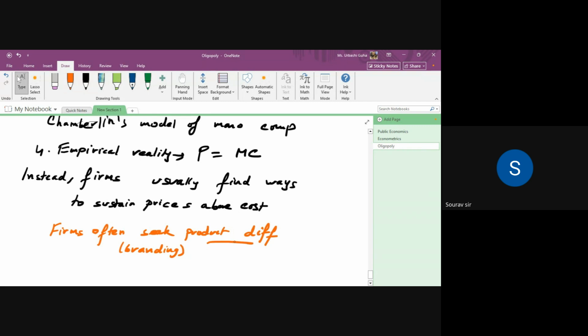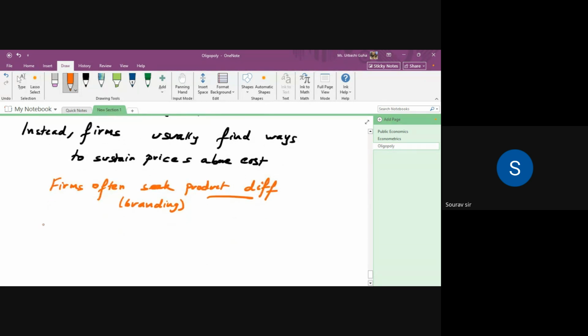And firms may use capacity limits or contracts, obviously to avoid cutthroat pricing.